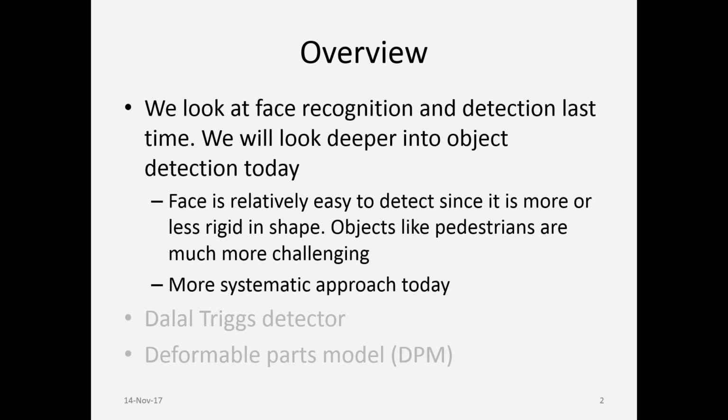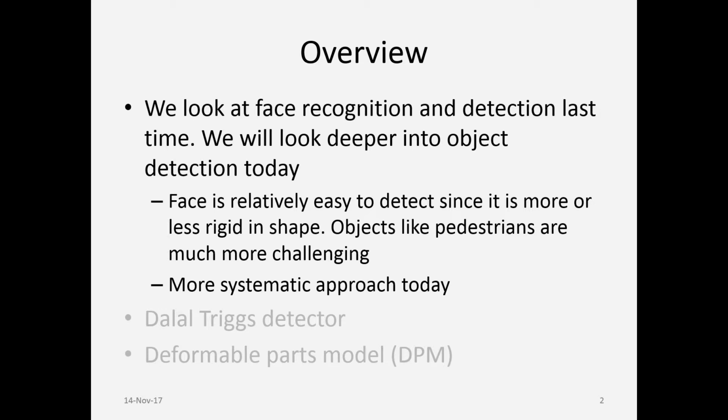Among object detection tasks, face detection is one of the easiest, because more or less everyone's face has the same color tone, and all of them have eyes, and it doesn't move around too much.